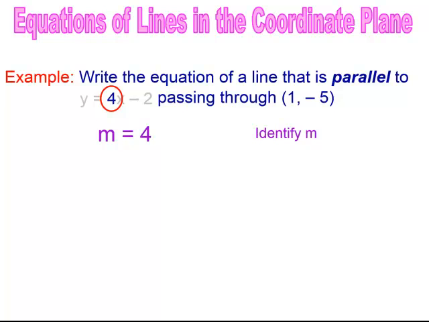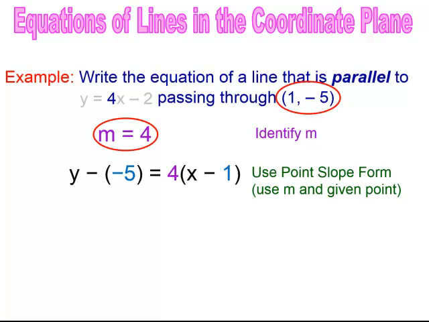Now you have the slope you need and the point that's given, and you can write the equation of the line. So when they say it's parallel, from a given equation, take the slope, and the slope is the coefficient of x. Use that slope and the point that's given and plug it into the point-slope form and then solve for y.